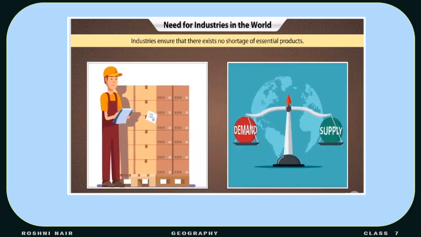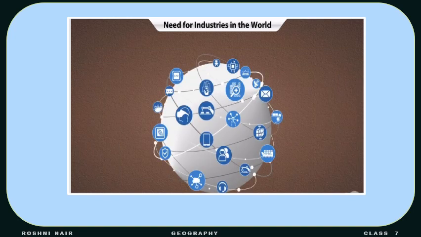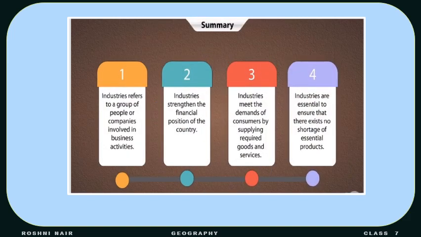They produce all the essential products in accordance with the demand and supply the same at a reasonable price. Thus, in all these ways, industries are very essential for the overall development of the nation. Let's quickly recap the important points.